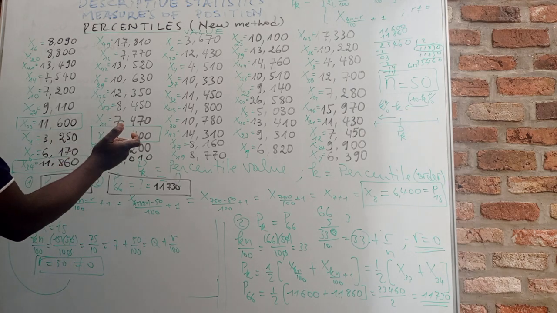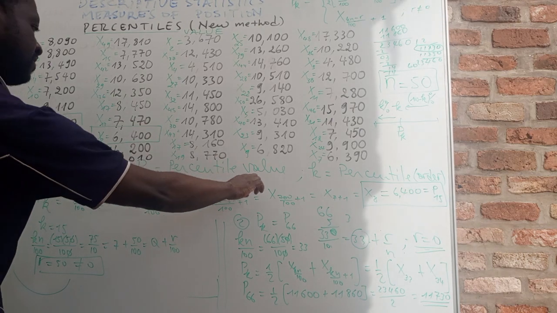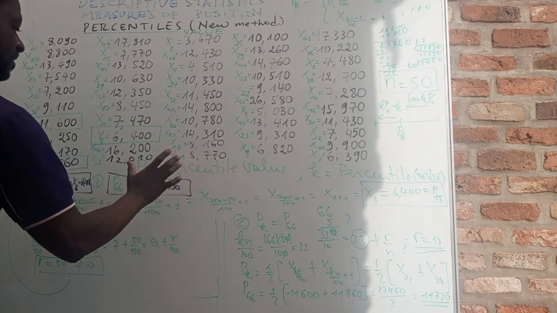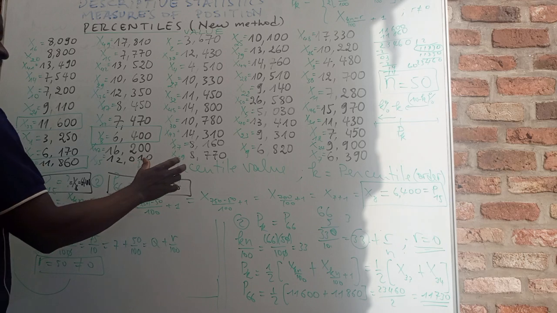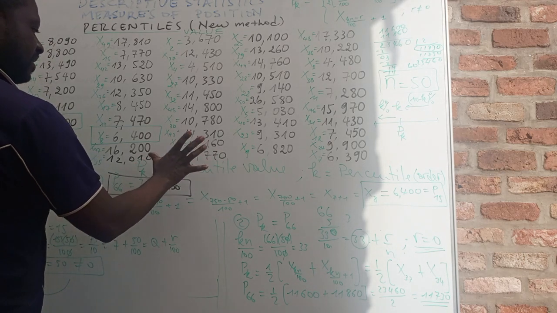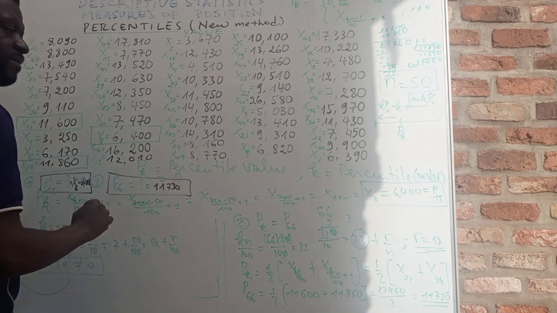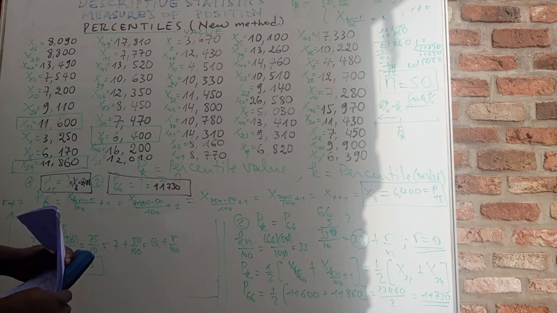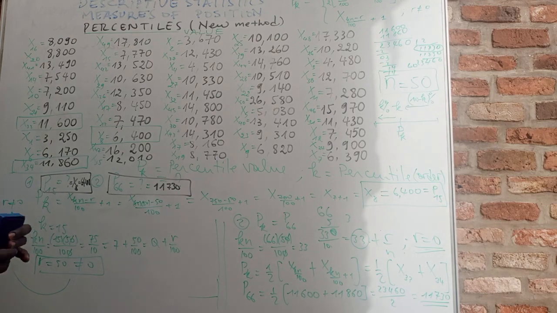We give the value and we ask for the index. Last time we talked about giving the index, percentile k, and asking for the percentile value pk. That is what we did in the last video.